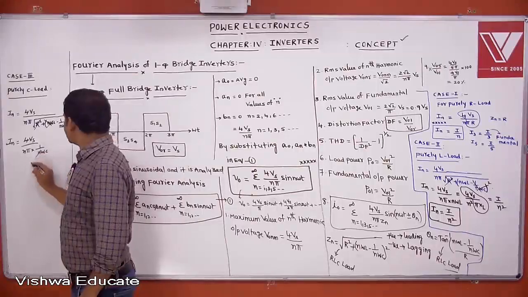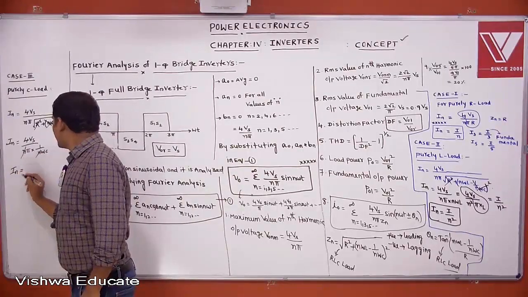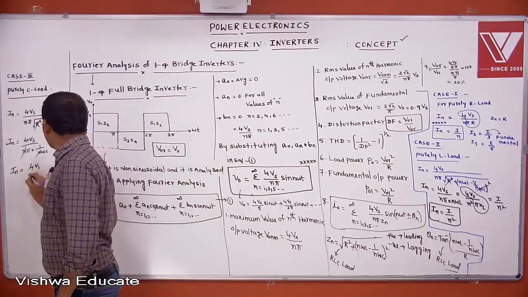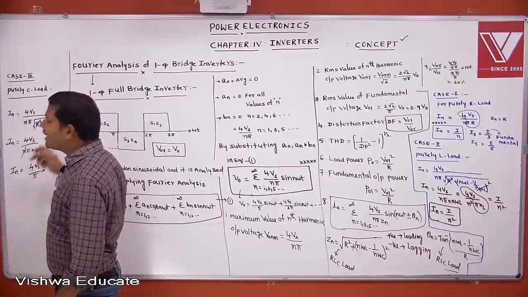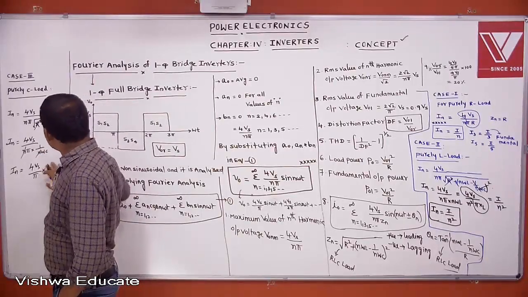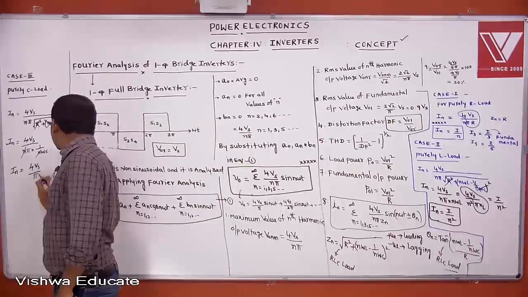This n cancels. Then nth order harmonic current equals 4 Vs by pi into 1 by omega C. This 1 by omega C is nothing but Xc.